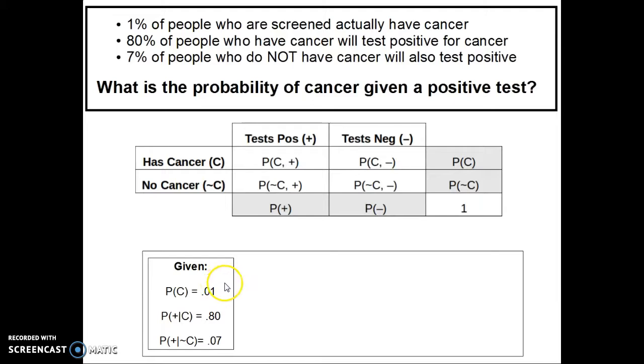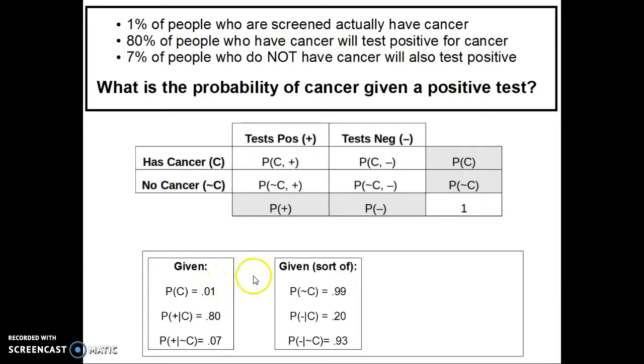But, based on this information, we're also sort of given this stuff. So we know that in our population, you either have cancer or you do not have cancer. If there's a 1% chance that you have cancer, there's a 99% chance that you don't, since those two things are mutually exclusive. Likewise, the probability of testing positive given that you have cancer is 80%. But given that you have cancer, the probability of testing negative has to be everybody who doesn't test positive.